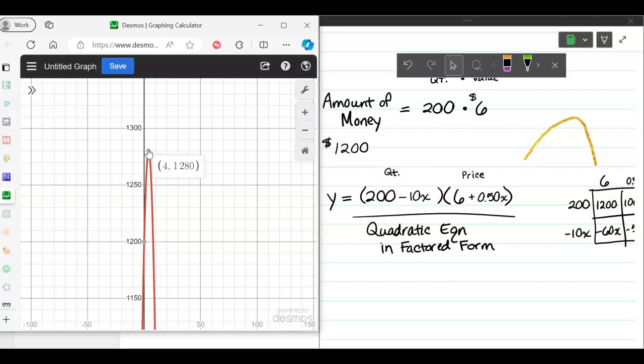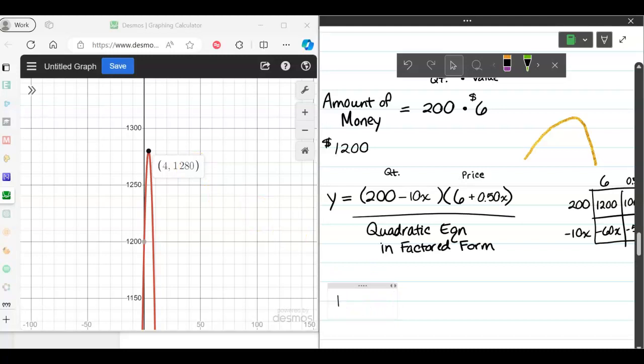Now remember, x, which in this case is 4, represents the number of price increases. So if I increase the price by 50 cents 4 times, that's a $2 increase, I can expect to make $1,280. So that's what we would type for our conclusion.